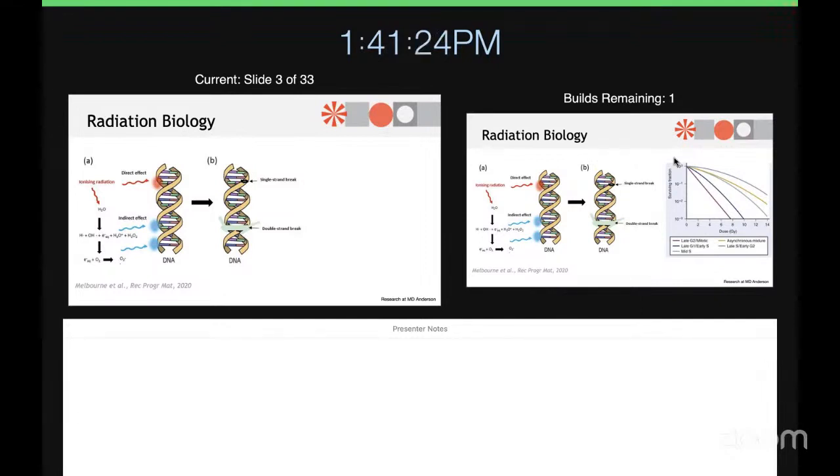Double strand break, potentially more difficult to repair, because if you break the strand apart, you can misrepair, or some DNA base pairs might be missing, and then you begin to encode information that may no longer be viable for the cell to continue to divide. So radiation itself doesn't kill cells, it causes damage, which makes these cells no longer viable.